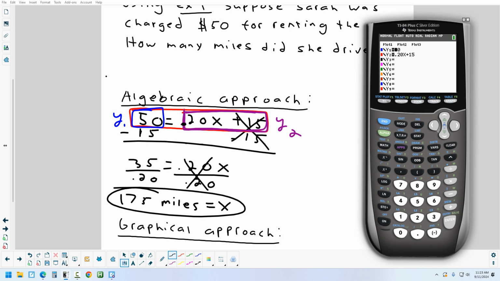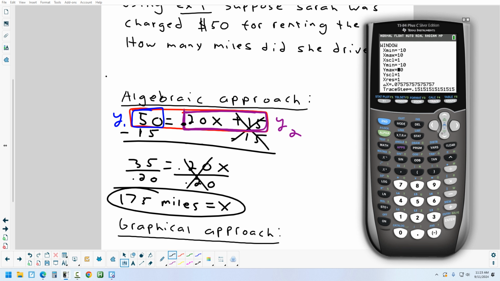When you set y equal to a number, like y equals 50, that's a horizontal line at that number. My window is going up to 10, so am I going to see a line at 50? No. So I want to set my y max higher, so it's not right on the edge of the screen.